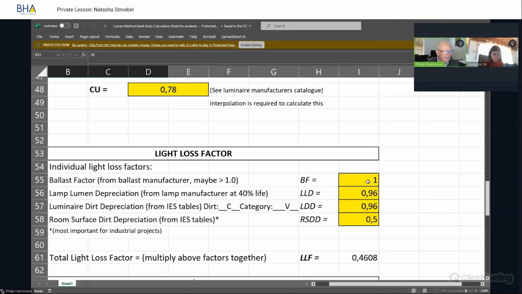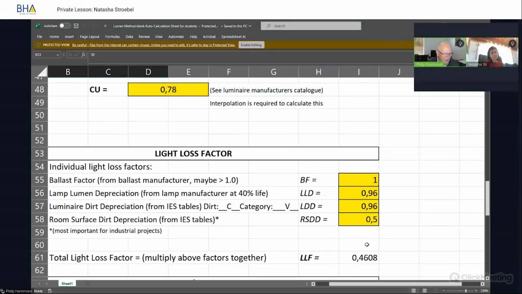And then you put the actual factors here, and you get those from different tables. We're going to look at those tables to see where we get these from. And the room surface dirt depreciation, you also get from tables.